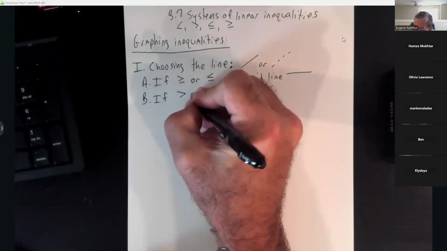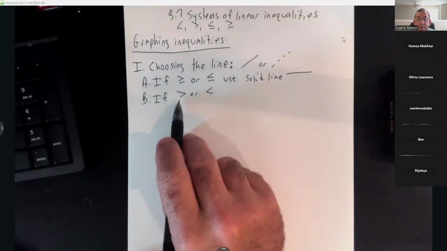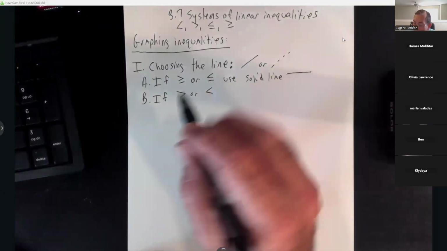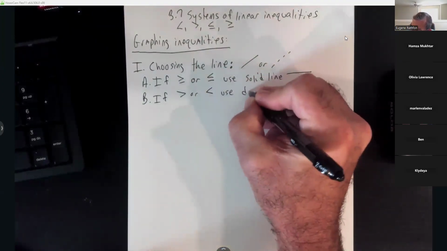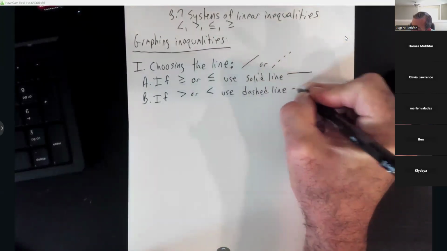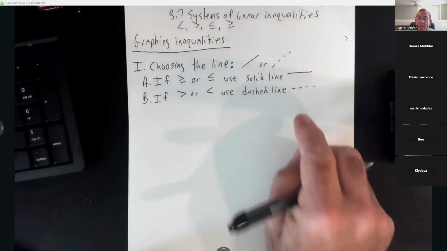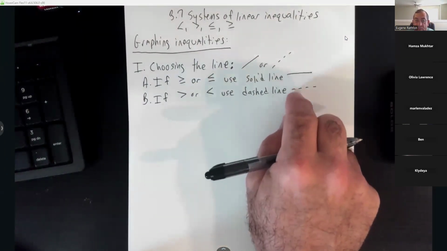If it's greater than or less than, so there's no equals on these, then you're going to use a dashed line. Now in MATLAB, when we graph, it'll give us a choice of what type of line to use.